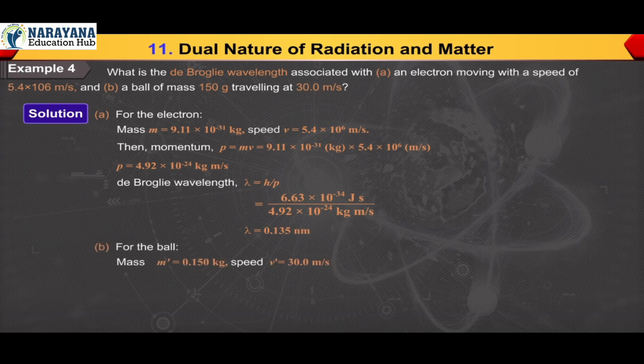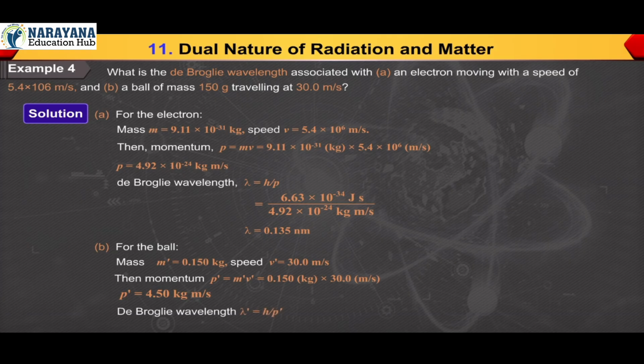(b) For the ball, mass m' is equal to 0.150 kilogram. Speed v' is equal to 30.0 meter per second. Then momentum p' is equal to m'v' is equal to 0.150 kilogram × 30.0 meter per second. p' is equal to 4.50 kilogram meter per second.